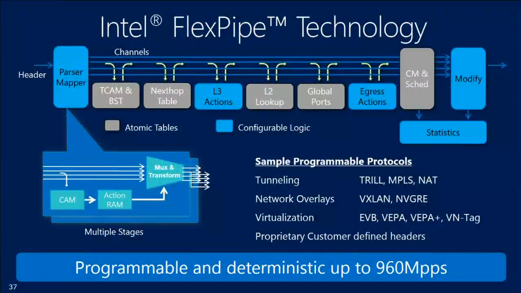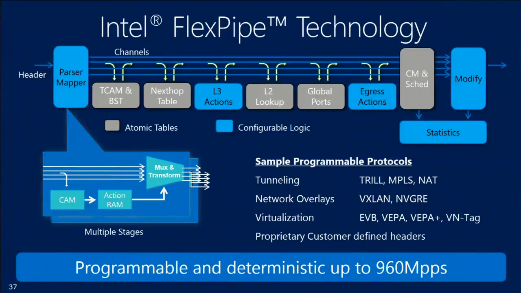So Intel FlexPipe, the technology inside of the FM 6000, really gives us the ability, it's a programmable pipe that sits on top of the gates that allows us, despite the fact that the silicon is baked, if you will, to still support emerging standards, for example, or technologies.